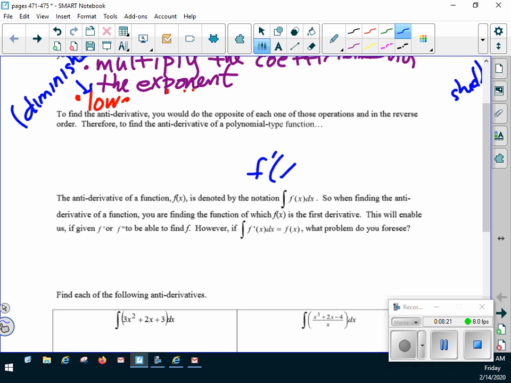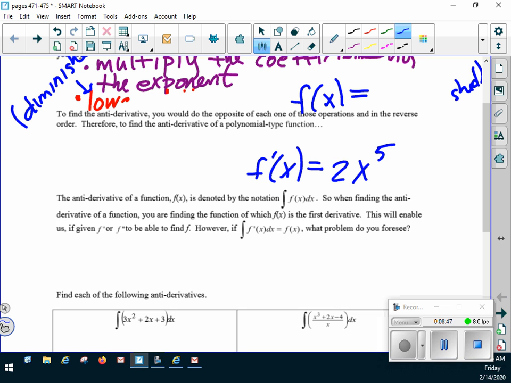So if I give you the derivative, what was the function that came from based on the rules we just wrote down? F of x. What did you say to do? Tell me what you said to do.